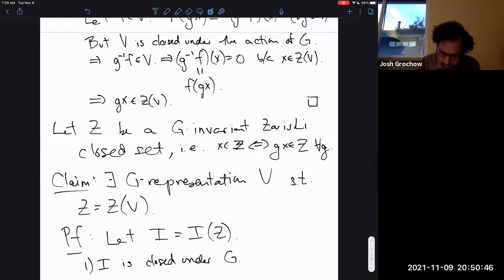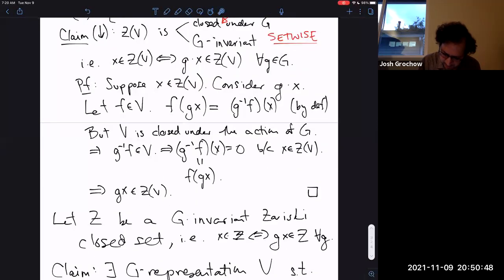Well, the proof is basically the same as this proof, except now instead of fixing an X in here and looking at all F in V, we do the opposite. We look at a particular F in V and we look at all X in here. Okay, but then the formulas are the same.